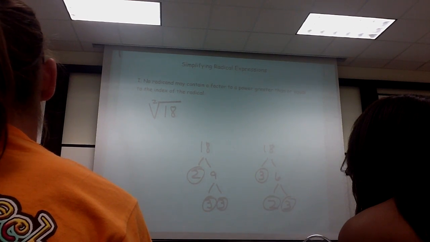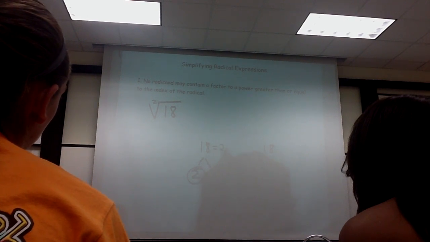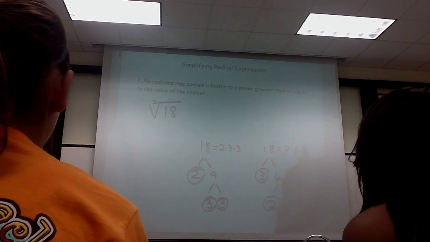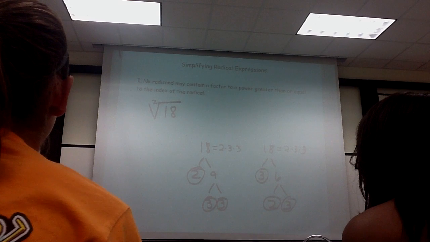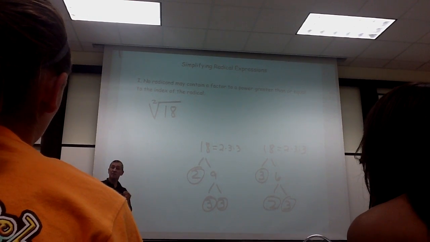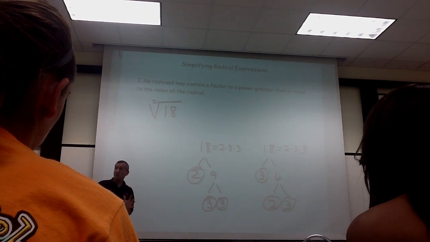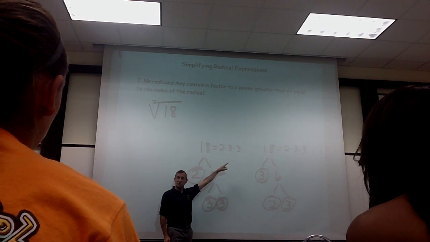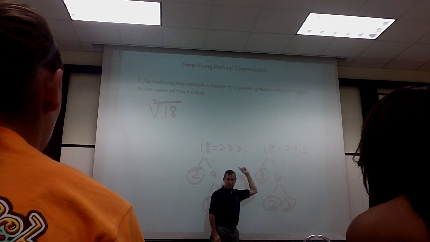What do I get? Same factorization. Absolutely. So 18 is 2 times 3 times 3. Or if you do it this way, it's 2 times 3 times 3. Actually, there is something called the fundamental property of arithmetic. Sounds kind of important. It says you take any number into its primes any way, you're only going to get one factorization.